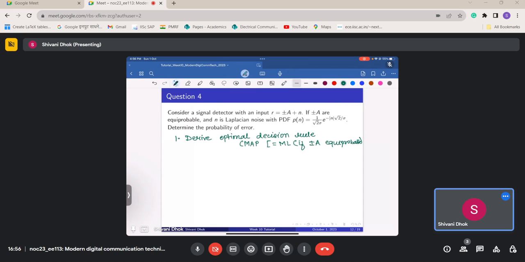We need to do this first, and after that, we need to find the probability of error.